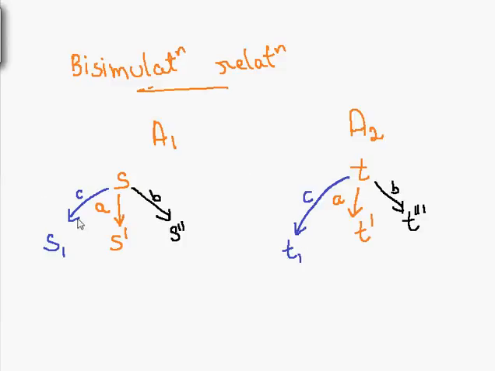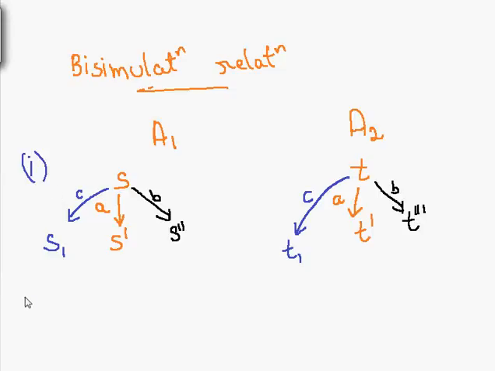So if there is a transition with an action in one LTS, then there should be an equivalent transition for that action in the other LTS. This is the first condition of the bisimulation relation.